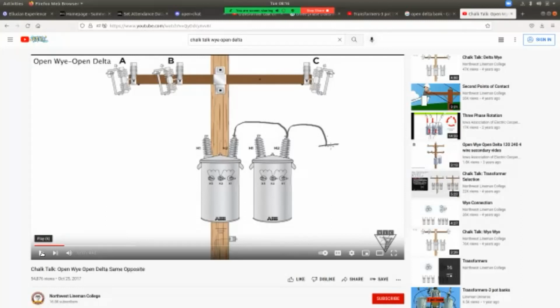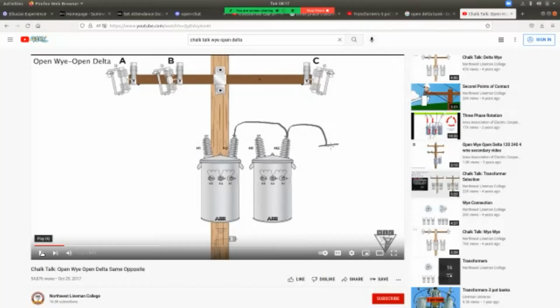You can use either one, but you have to use the same on both transformers. So if I wanted to carry my primary voltage from B and C to H2, I'd have to use both H2s. Then H1 would be grounded.